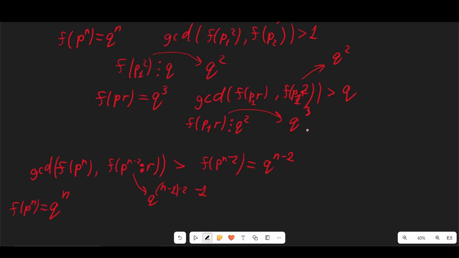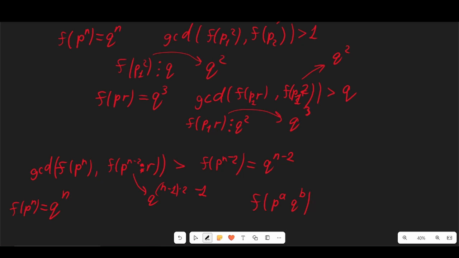And similarly, we can show that this holds for any q.